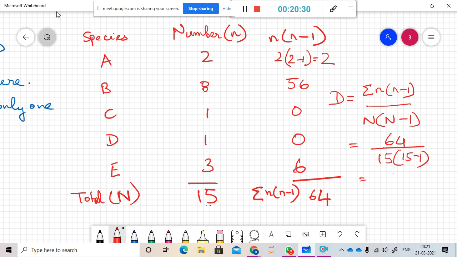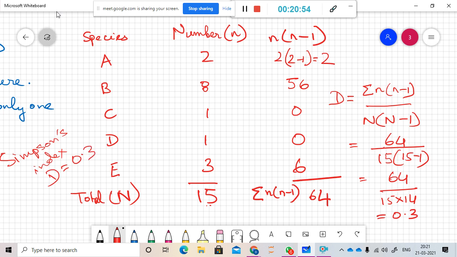This is equal to 0.3. So the Simpsons index D is equal to 0.3.